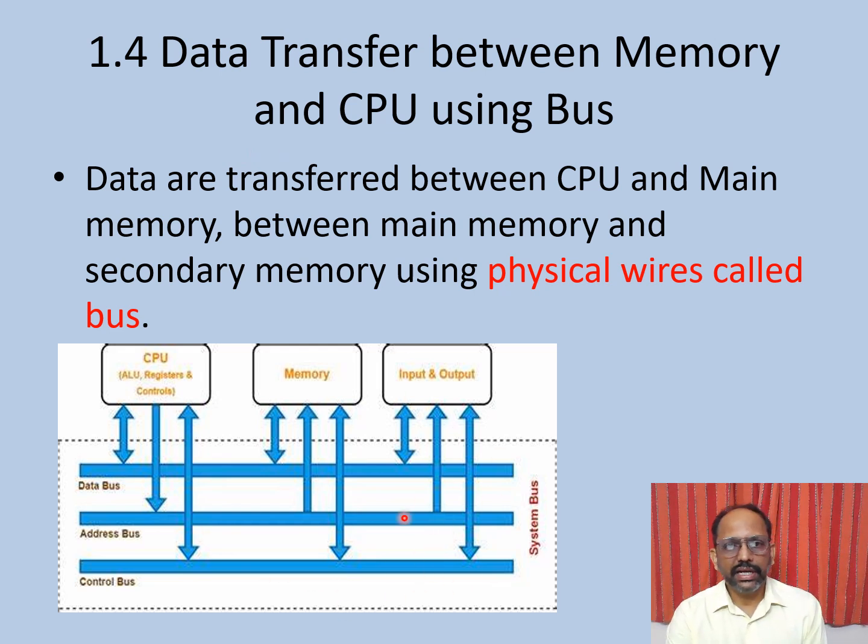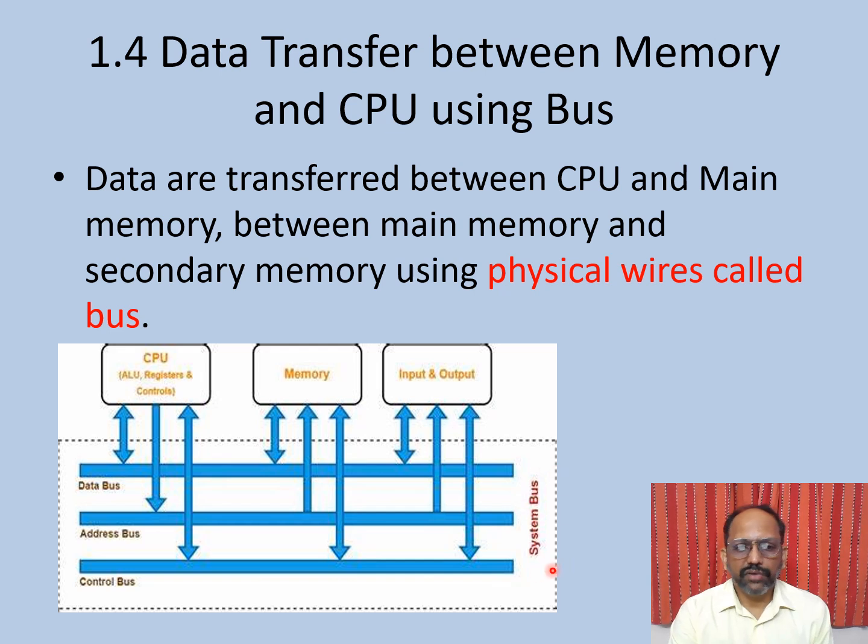There are different kinds of bus. What are the different kinds of bus? One is the data bus, another one is the address bus, another one is the control bus. The data bus, address bus, and control bus, all the three together are called the system bus.